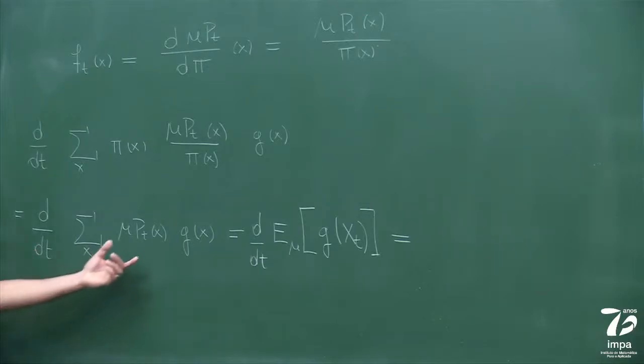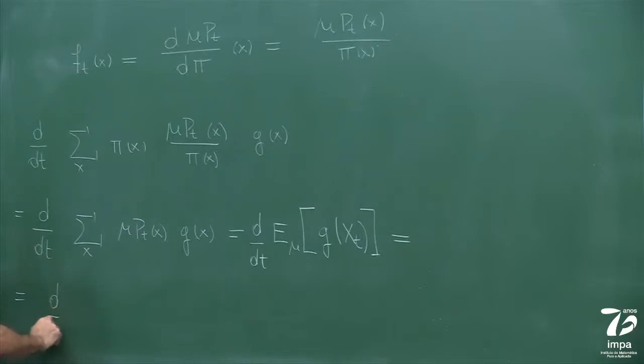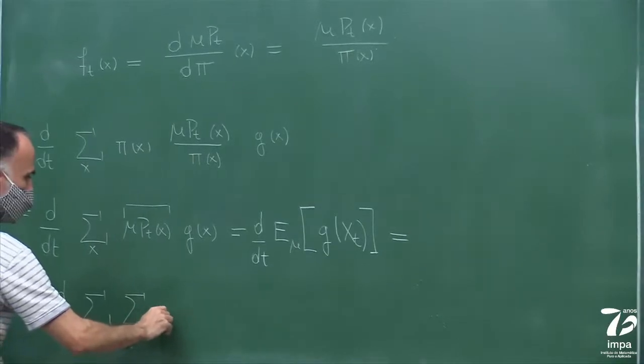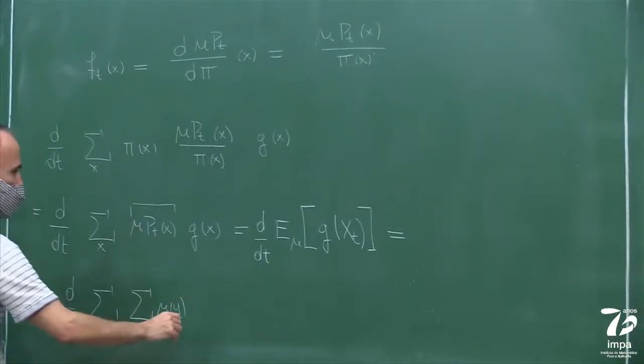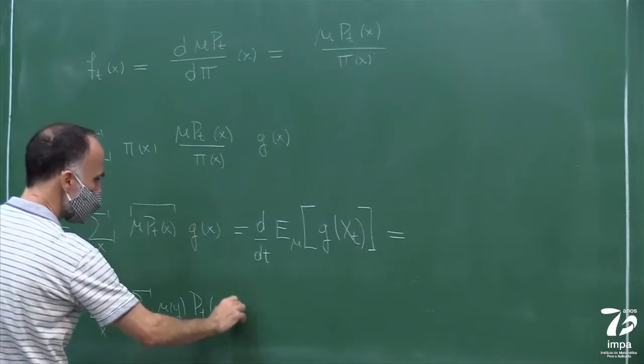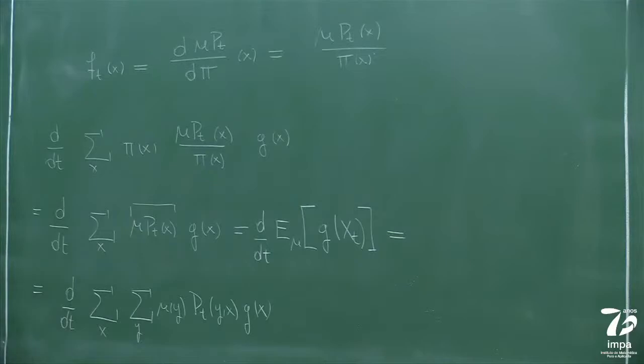So let me write what is mu PT of x. Mu PT of x, it's, well, you start from y with a certain probability mu of y, then you jump from y to x, and you are at g of x. Let me change the order of the summation.